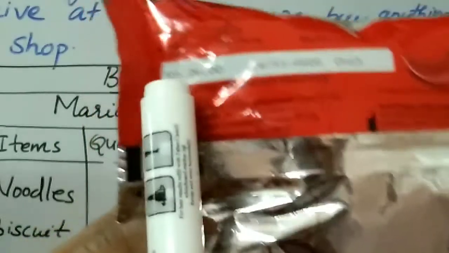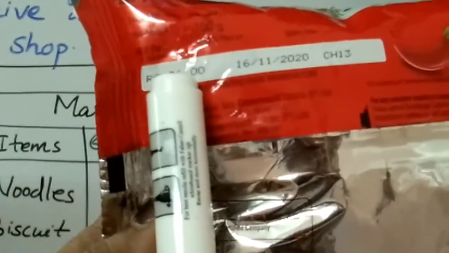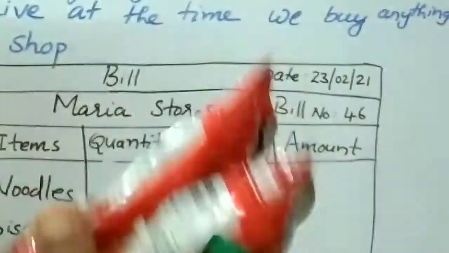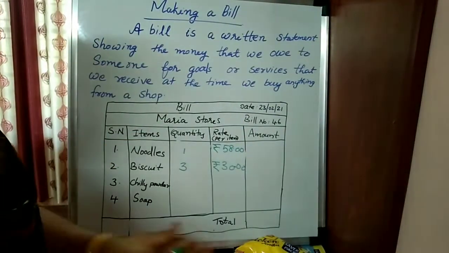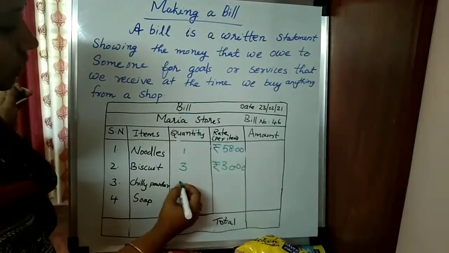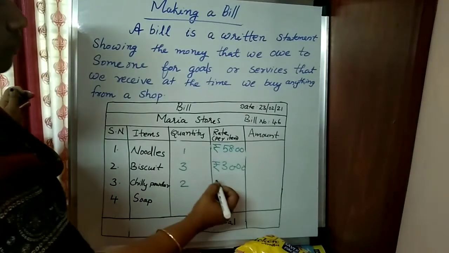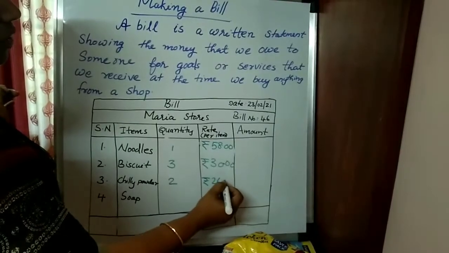So what is the cost of this 1 packet of chili powder? Rupees 26. How many packets? 2 packets. So in quantity, here you write 2. Then what is the cost of each packet? Rupees 26.